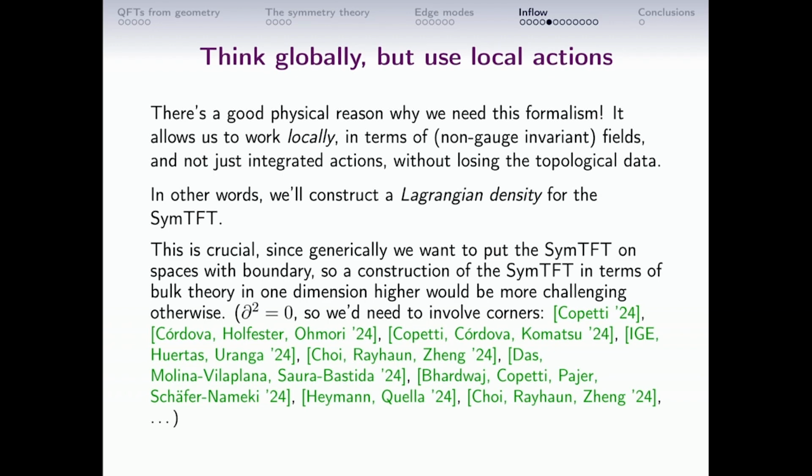Working with corners will be a possibility. And during the last year, lots of people, including ourselves, with Jesus, have thought about corners, but it's painful. So if you want to avoid them, then you can just work in this local formalism, and you can still obtain everything you want. You still have to worry about the boundary conditions of SymTFT, but the SymTFT action itself you can derive.